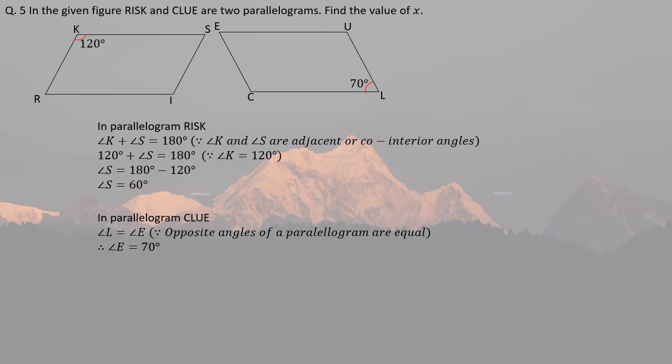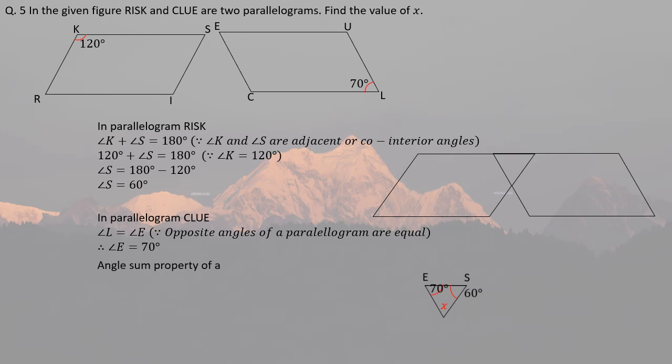But we are not done yet. We are supposed to find the value of x. So let's reconsider the figure that was given to us in the beginning. After removing some of the portions from this figure, we get this figure, which is a triangle, and we very well know that the angle sum property of a triangle is 180 degrees. So angle E plus angle S plus x equals 180 degrees.